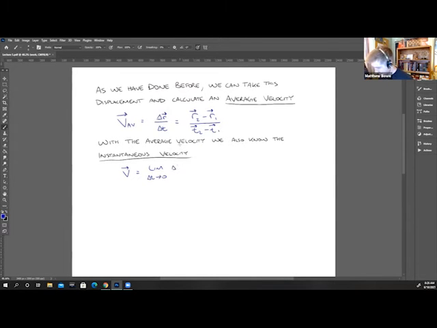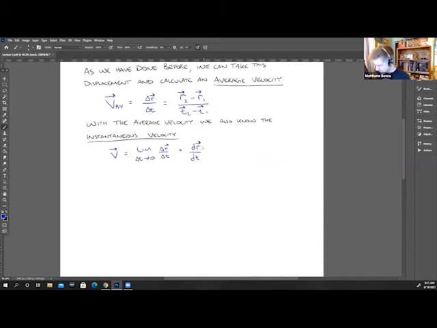And all this is saying, if you're not comfortable with what this is doing, is that this is a derivative of its position over its time. If you can't quite grasp what that means, it's just a very tiny sliver of where it is moving towards over how long it takes to move there. So it's a very tiny little fraction, sort of a velocity right at that moment.